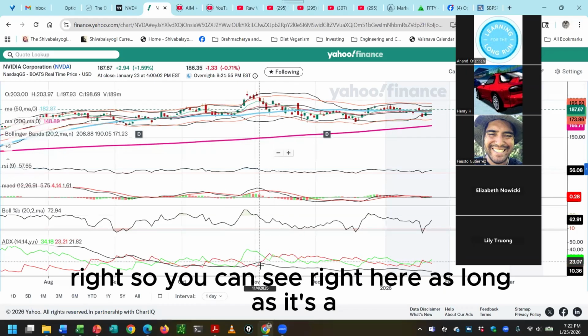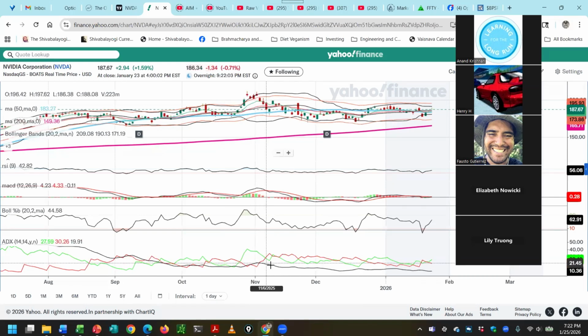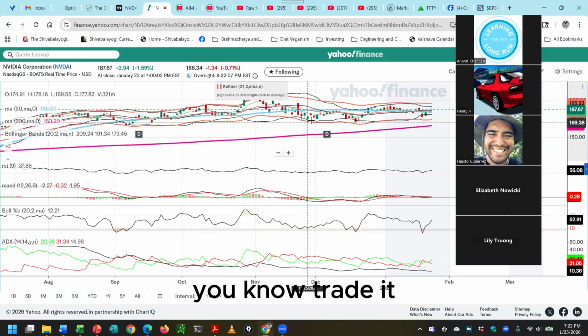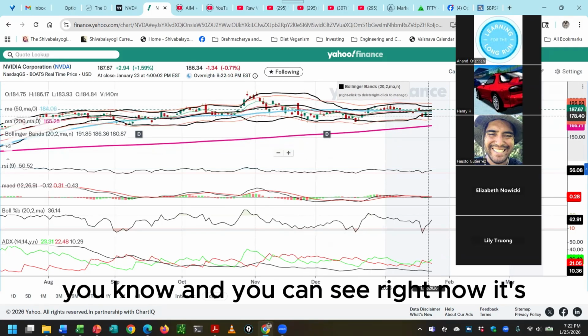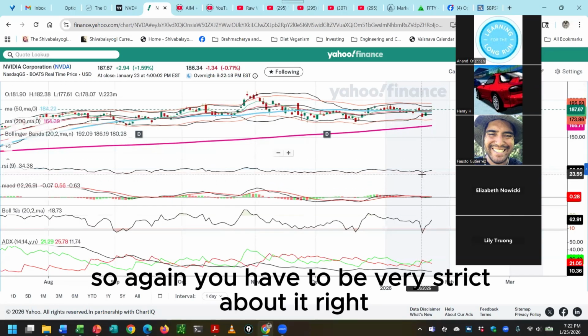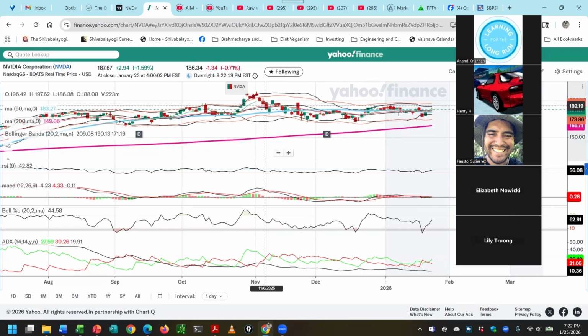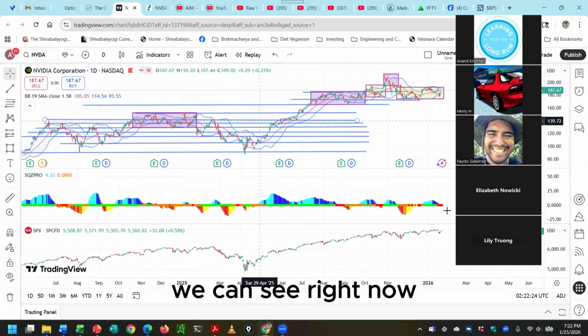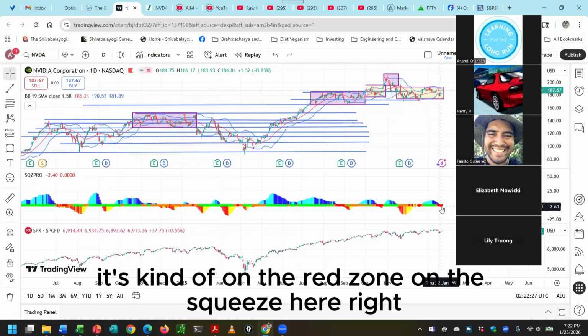So you can see right here, as long as it's below 20, you can always trade it, and you can see right now it just came off and came back to the mean. So again, you have to be very strict about it. But let's see what happens with this one too. We can see right now it's kind of in the red zone on the squeeze here.